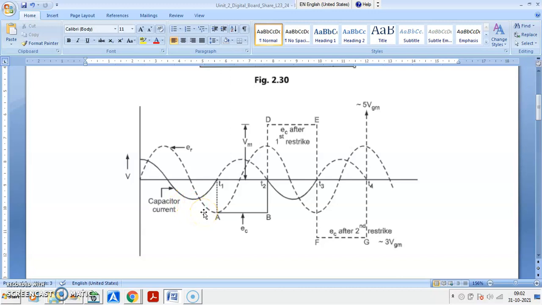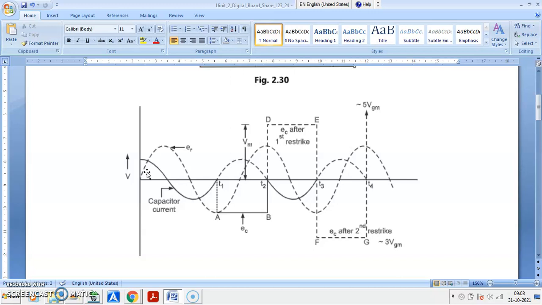So the voltage across the circuit breaker becomes twice that of the applied voltage. This voltage can restrike the arc once again because the voltage is almost doubled.